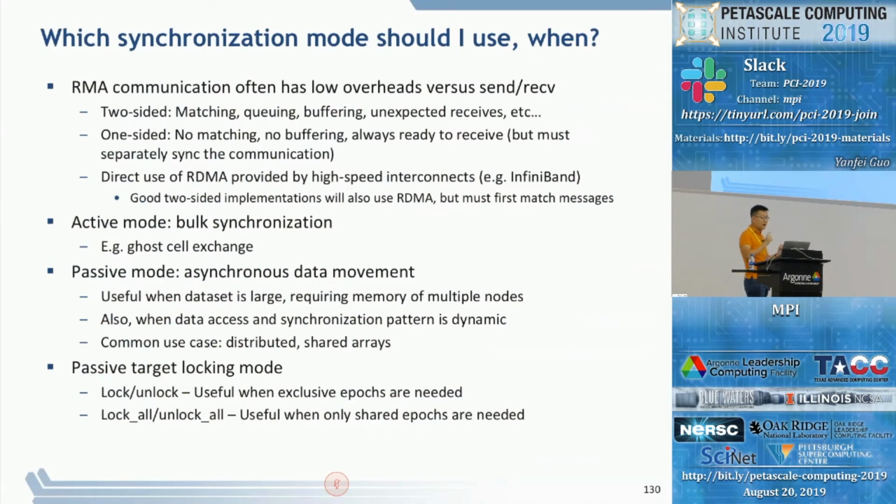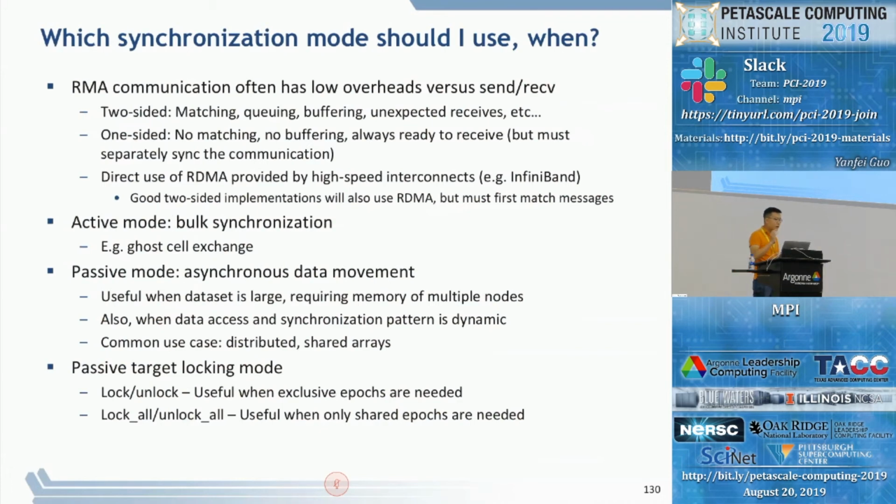But I have to point out that it doesn't mean you can only use RDMA with put and get. If you do send and receive, the underlying communication will still be performed using RDMA if you have InfiniBand, through the network, using a low-level library.